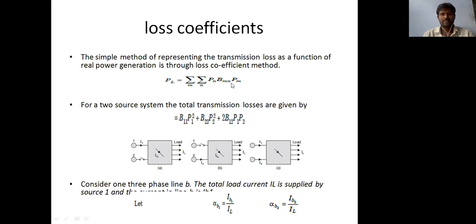For the two source system, the total transmission losses are given by the same equation with M and N replaced by 1 and 2.